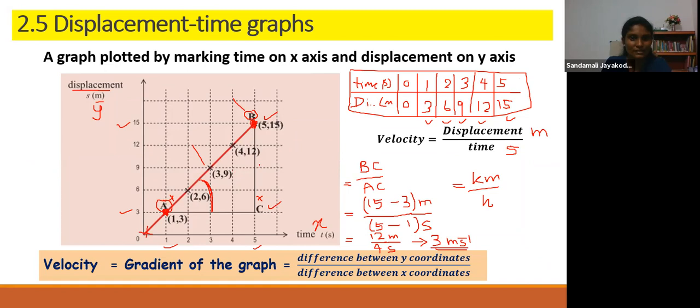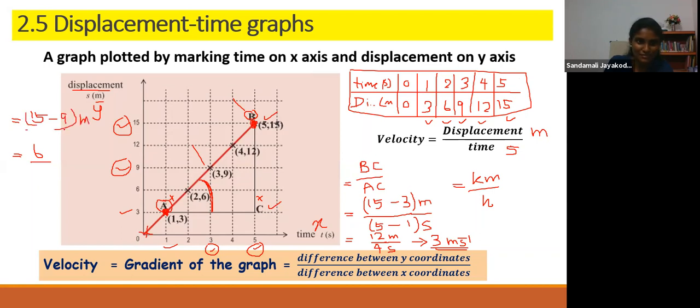So I'm going to put it here too. Here I have to take this one and this one. So the difference between the coordinates in the y-axis is 6, and here we have to put it as 15 minus 9.